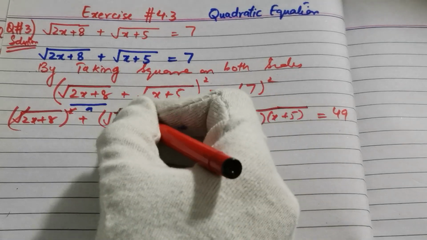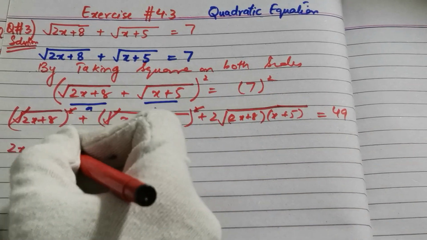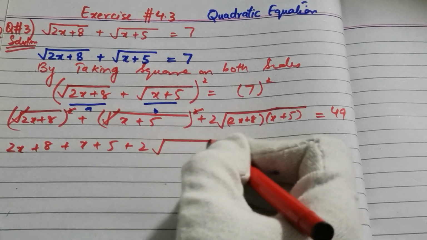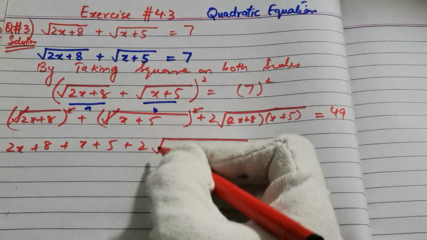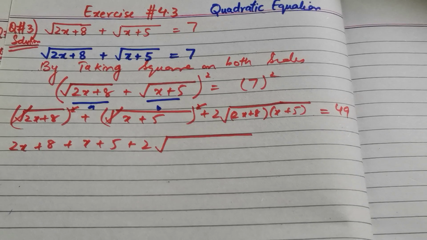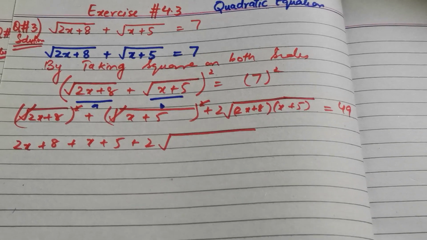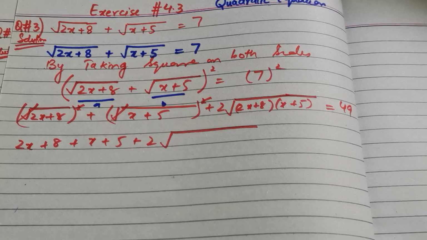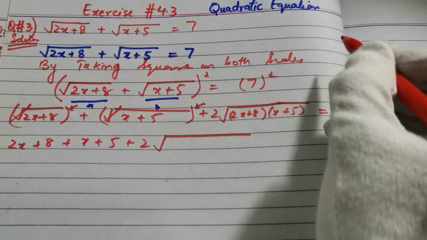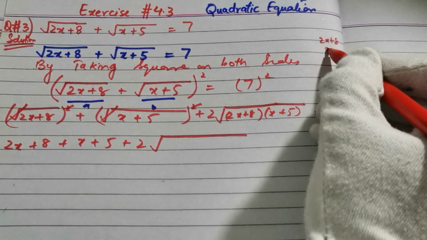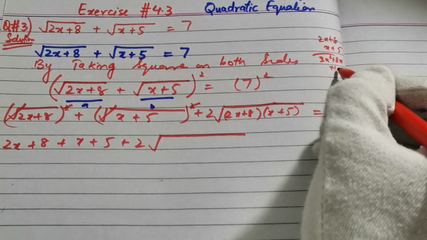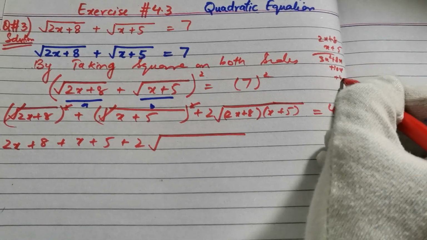This 2 and 1 by 2 cancel. 2x plus 8 plus x plus 5 plus 2 under root. So now 2x square, 8 into x plus 8 into x plus 5, 3x square plus 8x plus 10x.